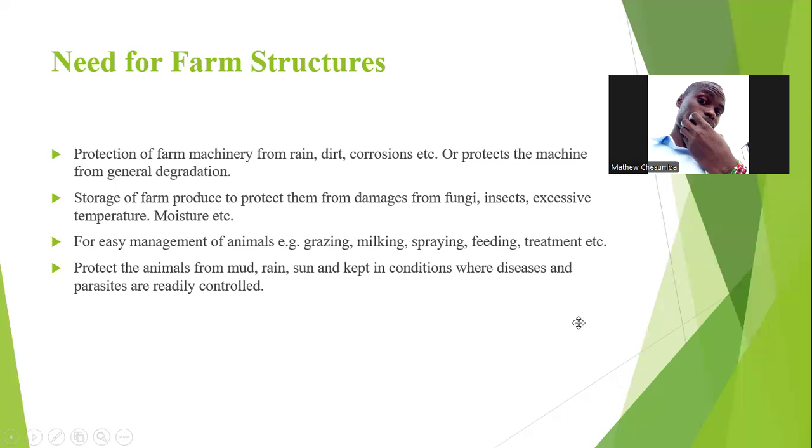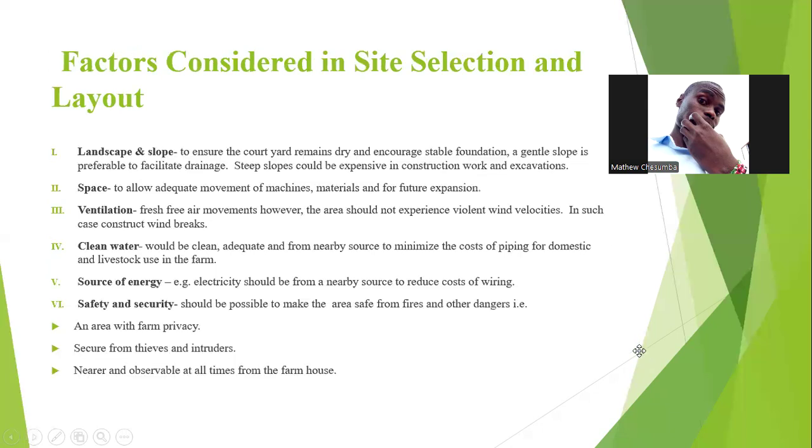As you look at your homes, we have those stores that protect our stored produce. And then we have easy management of animals, for grazing, milking, spraying, feeding, and treatment. And to protect animals from mud, rain, and sun, keeping them in a condition where diseases and parasites are readily controlled.